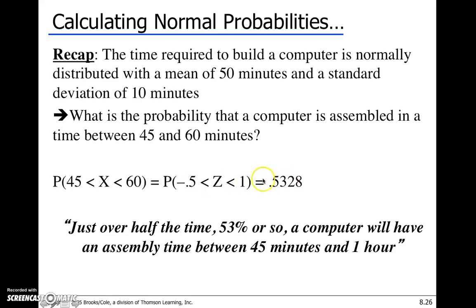It works out to be 0.5328. Just over half the time, 53% or so, a computer will have an assembly time between 45 minutes and an hour. That's the answer.